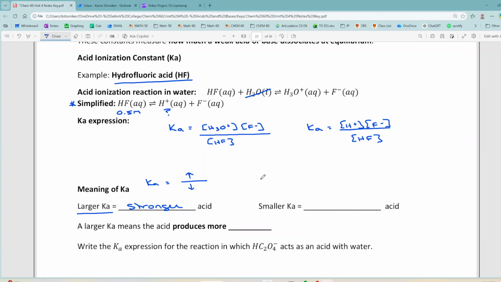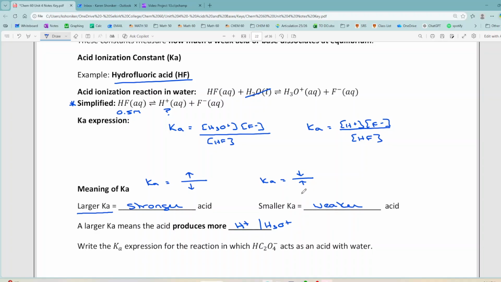Whereas a smaller Ka means that you would have less products and more reactants, which is going to make it a smaller number, which means that it is a weaker acid. It would have less ability to donate a proton. So a larger Ka means the acid produces more hydrogen ions in solution. It is a stronger ability to donate a hydrogen, or hydronium, whichever way you're thinking about it.